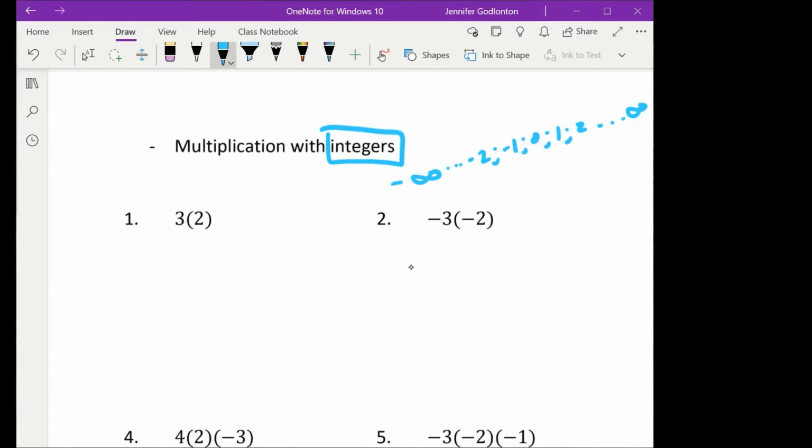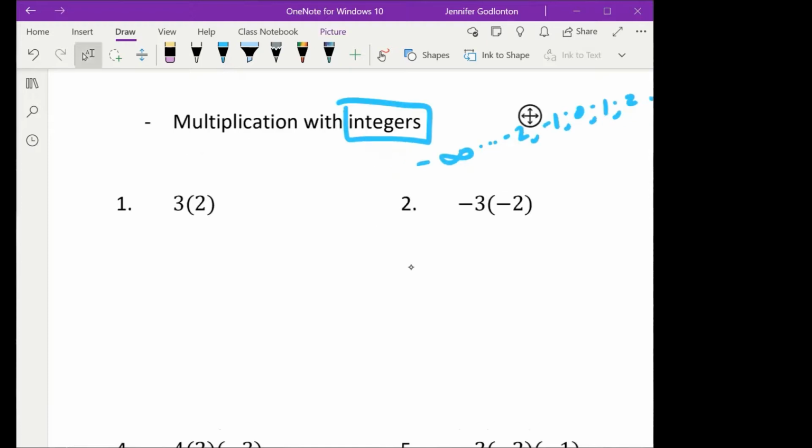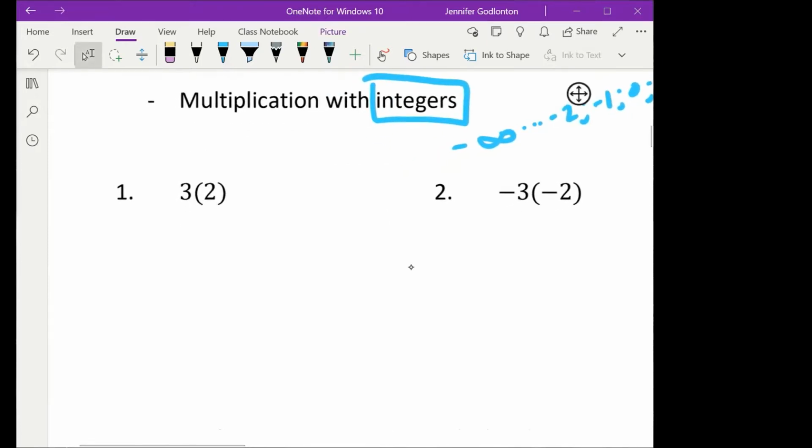The first question here, we have a positive number and we are multiplying it by another positive number. Is my answer going to be positive or negative if we are multiplying a positive with a positive? Okay.